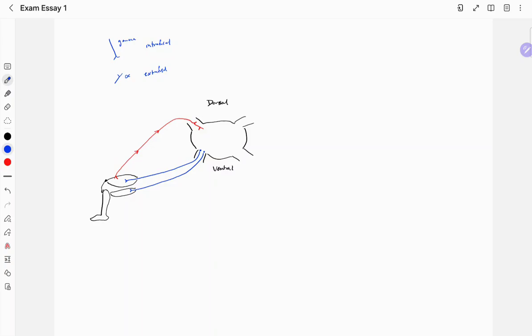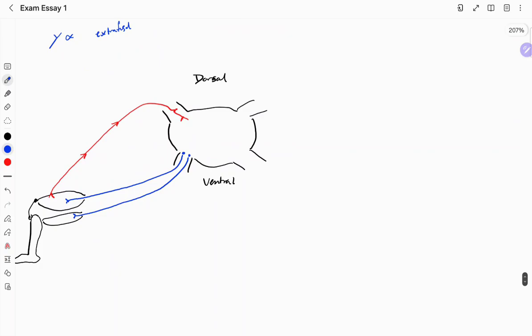And if sensory information is sent of the quadricep stretching because of those muscle spindles, then what we have here is, let me think for a second.